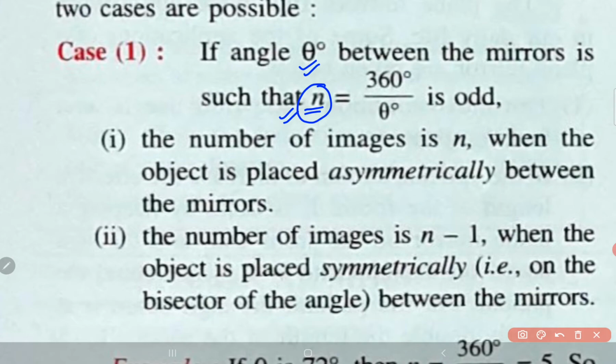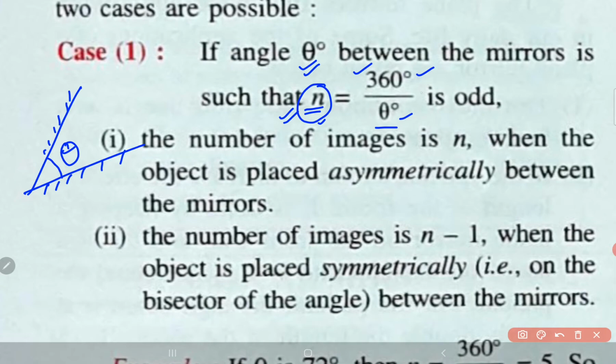So, n will be equal to 360 upon theta degree, okay. Why 360? Because the images were formed on the circumference of a circle. So, that is why 360 degree upon theta degree. Theta is the angle between two mirrors. Suppose we consider two mirrors this way, and the angle between them is theta, right.